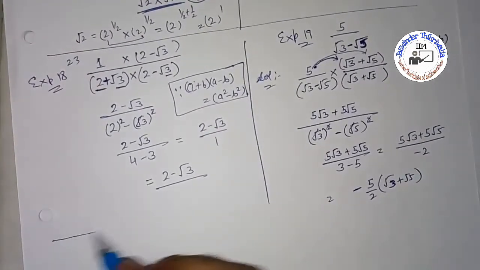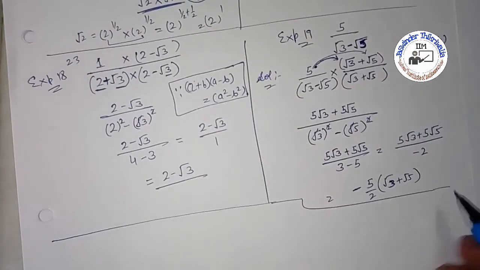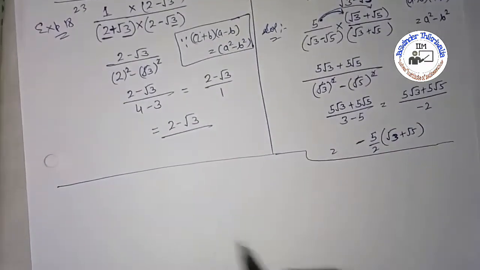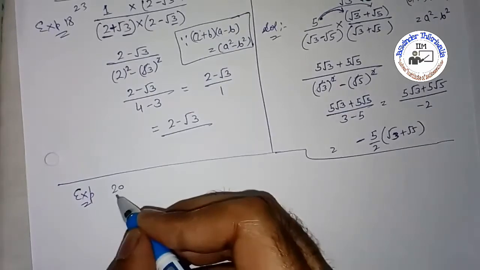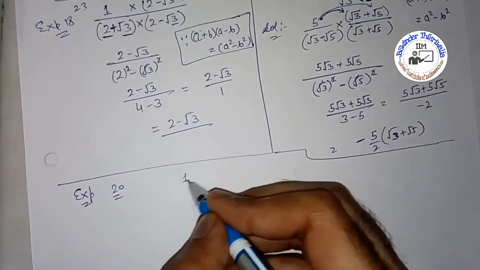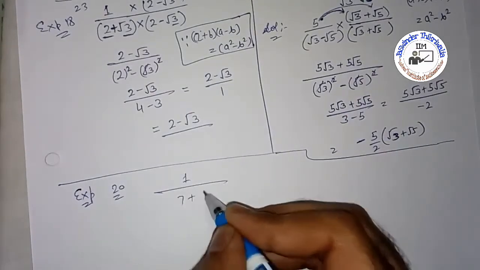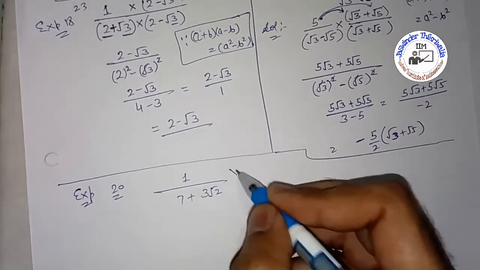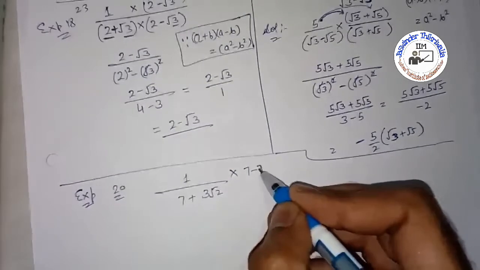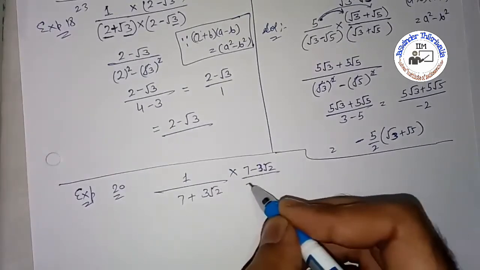Now if there is a term in the denominator with the sum of a rational and an irrational number, suppose here is 7 plus 3 under root 2, okay, the same process. What you will do is multiply by changing the sign, minus 3 root 2.